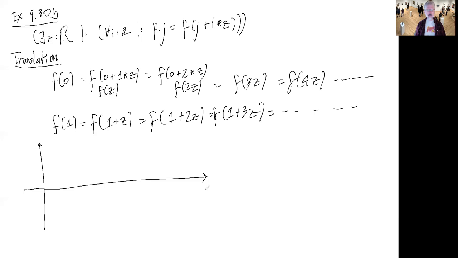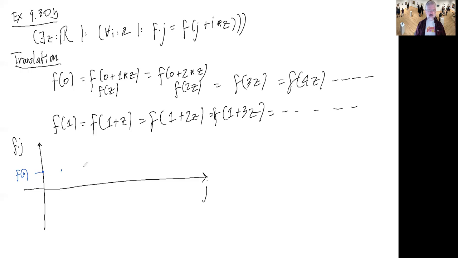if this is j and this is f of j, if we just pick a value for f of 0, it doesn't really matter what value we pick. I'm just going to pick something. Obviously the reality might be different, but I'm looking for what the pattern is going to be here. So if I say this is f of 0, then we know that f of z is going to be the same value.